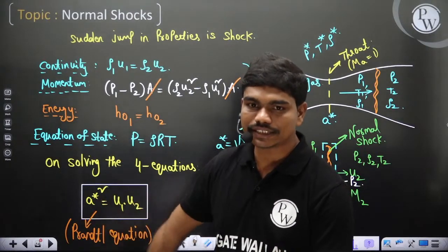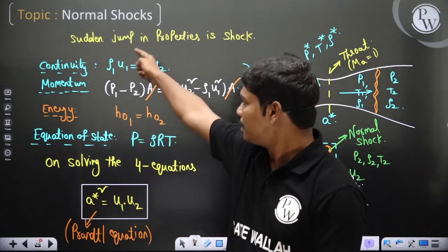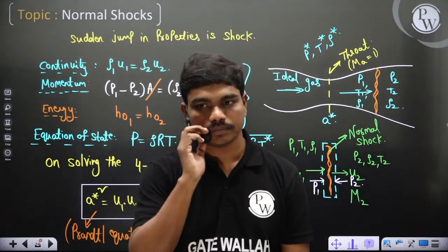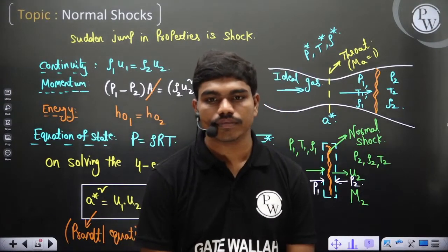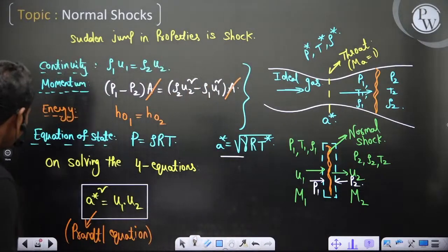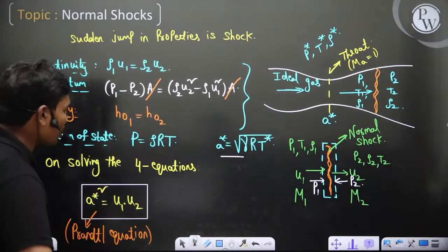Of course I'm not deriving this, but you can get this equation by solving these 4 equations. And also you can get one more important relation between the Mach numbers, as one of you is telling.